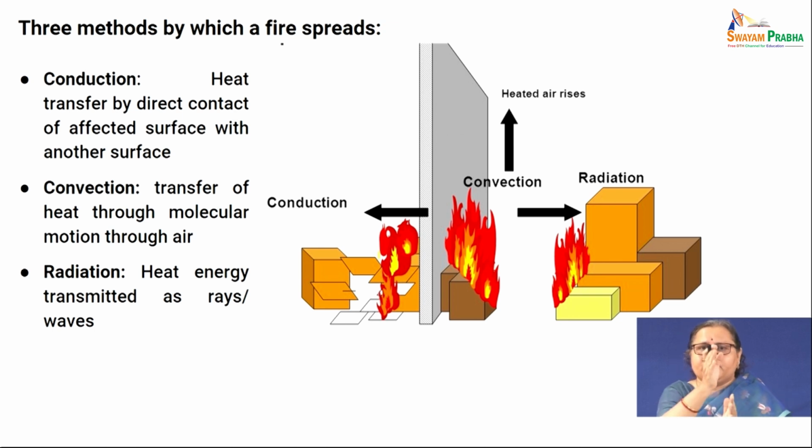If the barrier in between, that is defining the two spaces, is allowing the heat to transfer from one space to the other, the fire will spread. To contain the fire is the key to the success of saving a building most.